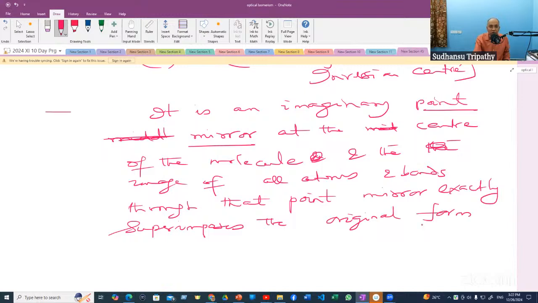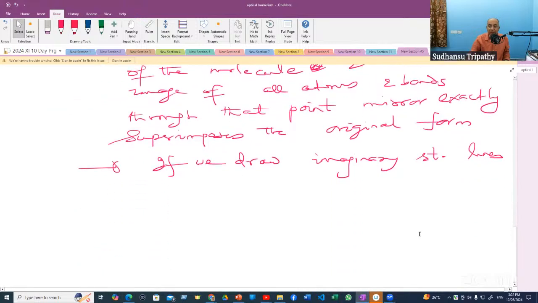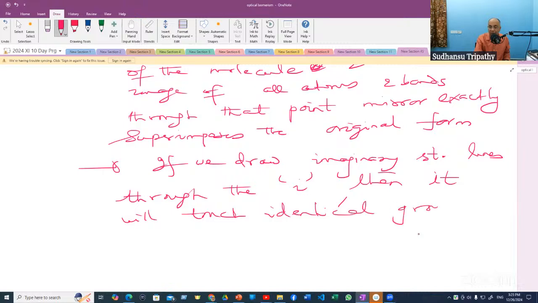Or in other words, to put it more simply, if we draw imaginary straight lines through the center of symmetry, through the inversion center, through i, then it will touch identical groups or atoms at equal distances.